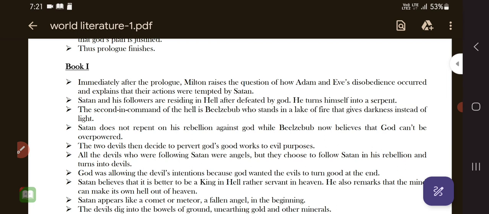The second in command of hell is Beelzebub. Beelzebub is another devil, who is also known as Lord of Flies.